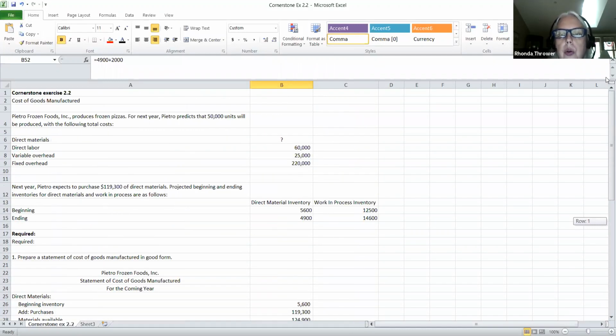I'm going to see if I can switch screens with you. So if you'll just hang on a second, I'm going to see if I can pull up the next Excel spreadsheet, which would be Cornerstone. Should be 2.3, and I'm searching for that.